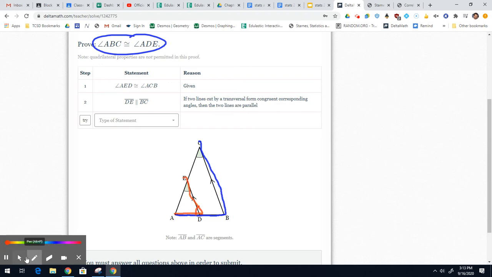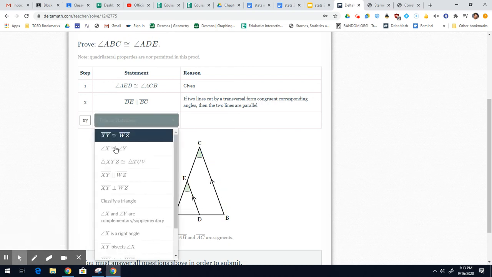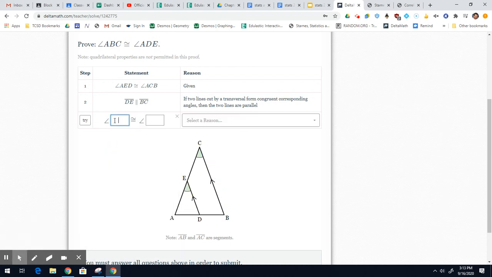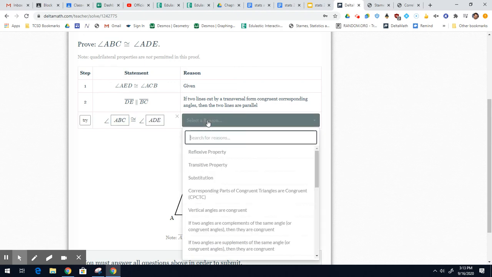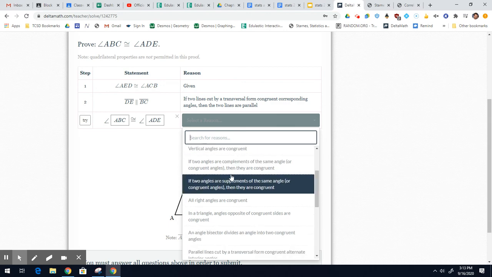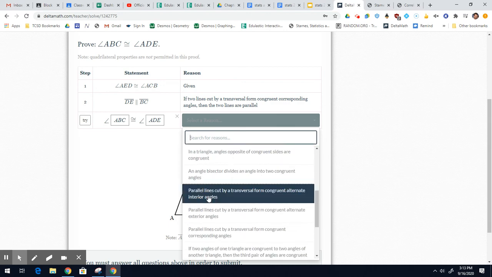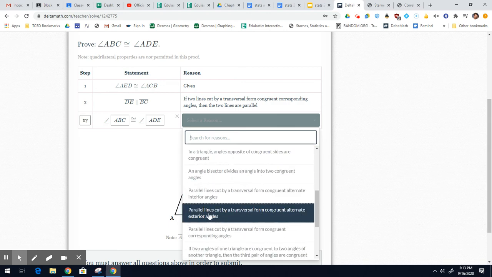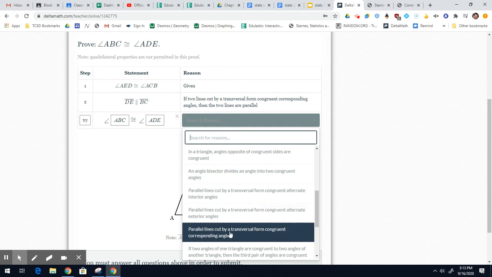This angle and this angle, because they are also corresponding angles. So I can write that. I can prove that my two angles are congruent. My two angles are ABC and ADE, and it is because parallel lines cut by transversal form congruent corresponding angles.